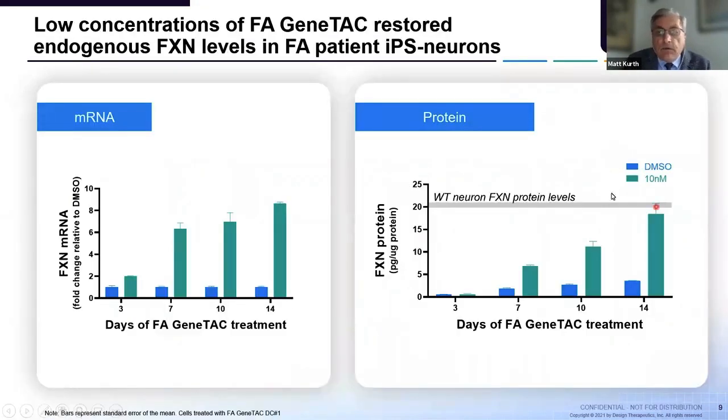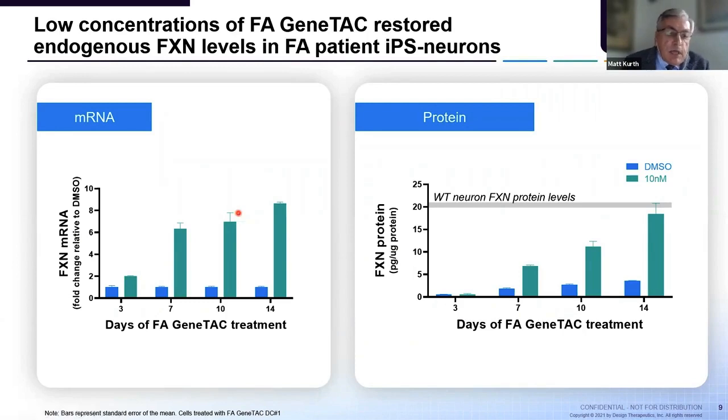Now let's go over some of the exciting features of the molecules. Here we have on the left the levels of messenger RNA after between 3 and 14 days of very low dose treatment. This is a drug given at 10 nanomolar. That's an incredibly small amount. And as you can see, the messenger RNA levels are increasing nicely.